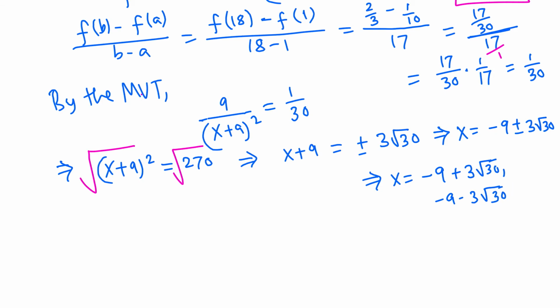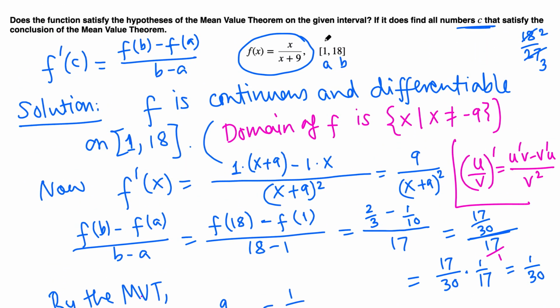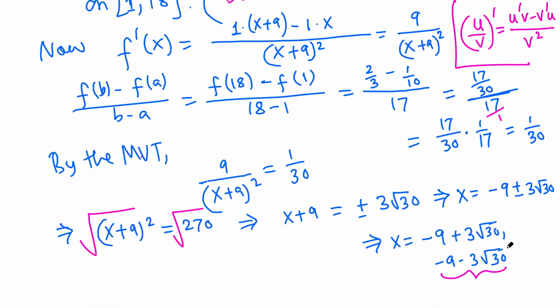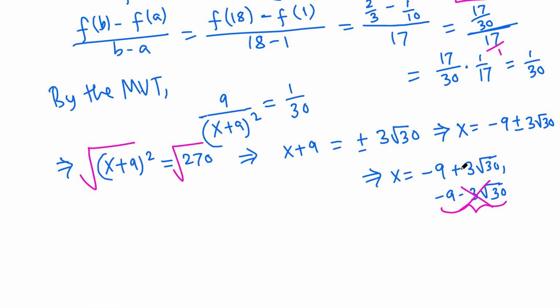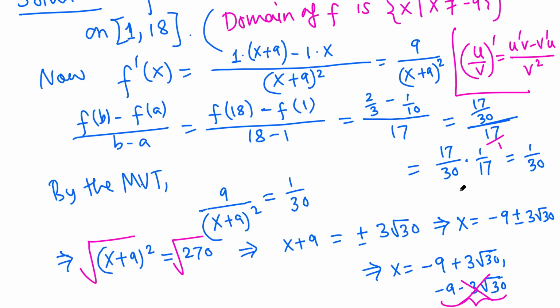Look at this second one, negative 9 minus 3 root 30. This is a negative number, and we are trying to find the number inside 1 through 18. So this is outside of our range. And what is negative 9 plus 3 root 30? If you punch this number in your calculator, it comes out to be bigger than 1 and less than 18.